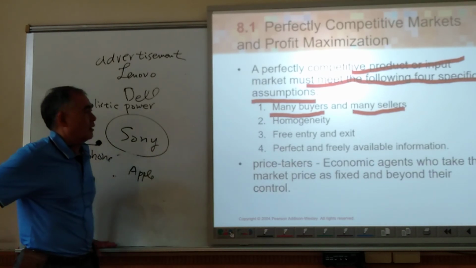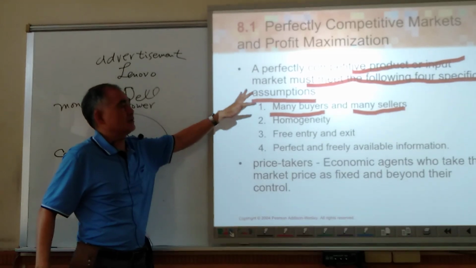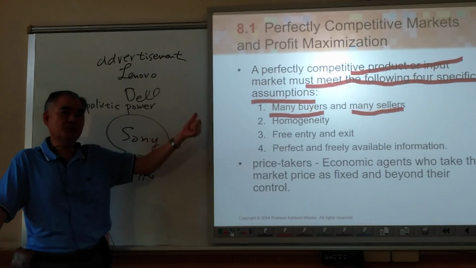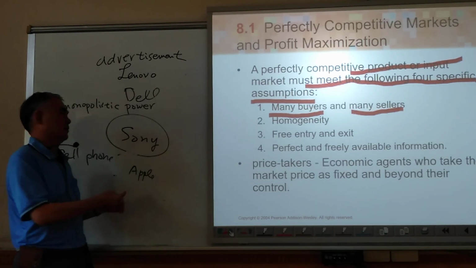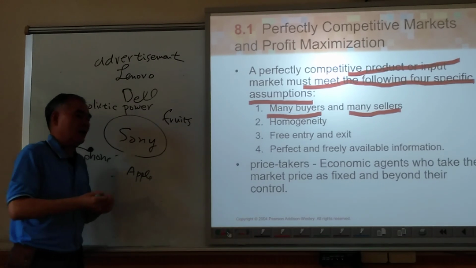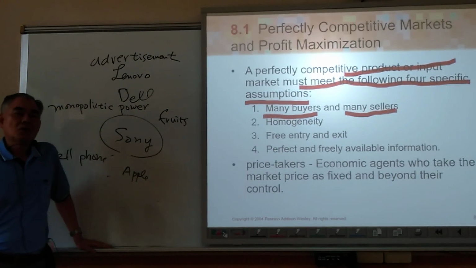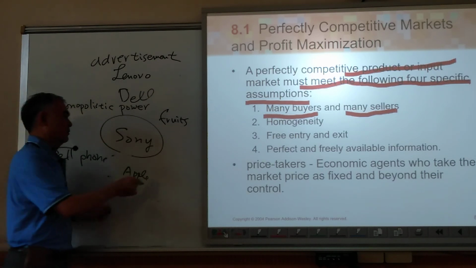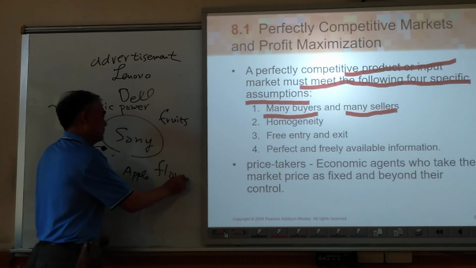But okay, so you have many buyers, many sellers. This is very difficult to satisfy. But generally for food, rice, fruits, sugar, flour, I'm talking about this kind of flour, right?